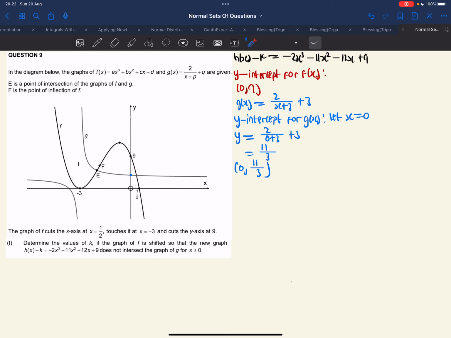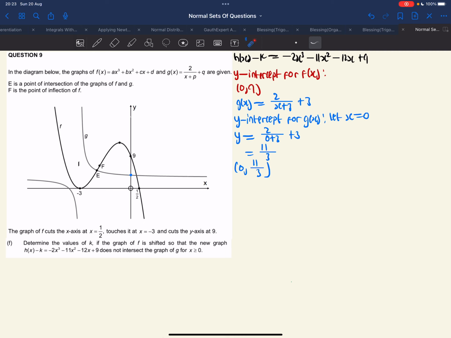So we need a starting point, because if it's values of k that are still bigger than 0, it's going to go something like this. The only thing that's going to change is the y-intercept. The y-intercept may not be 9, it may be 10, it may be 11, it may be 12, and so on, but it will continue to intersect with the graph of g. So the only way is when it is below that.